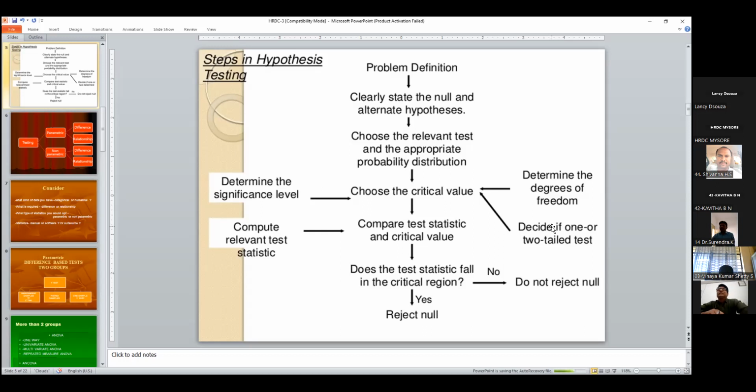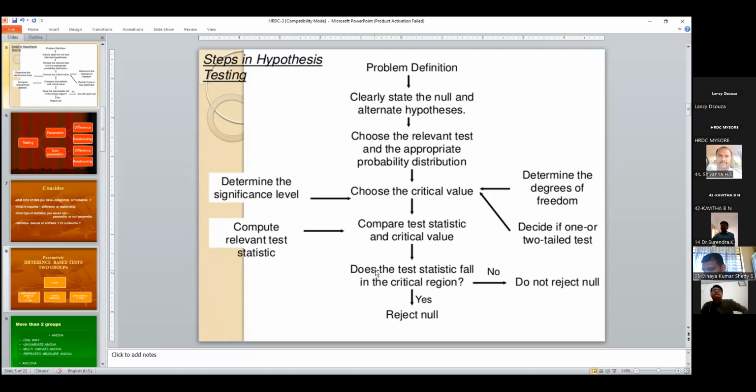So if your test statistic falls in the critical region, that is, there's a value which is equal to or more than the expected, then we say we reject the null hypothesis. And when it is not there, we do not reject the hypothesis. In fact, we accept the null hypothesis.